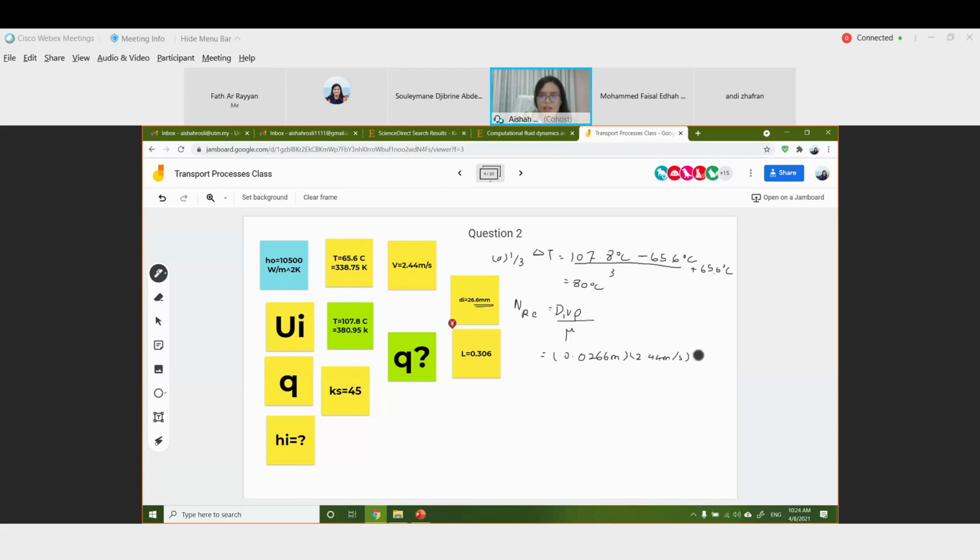And then the density we can get from the appendix will be 980 kilogram per meter cube, divided by mu. The mu is also obtained from the appendix, 4.32 times 10 to the power of -4 kilogram per meter second.